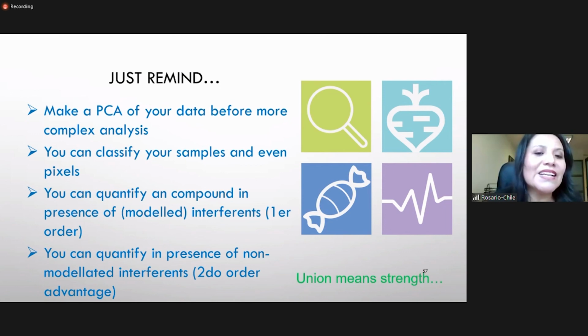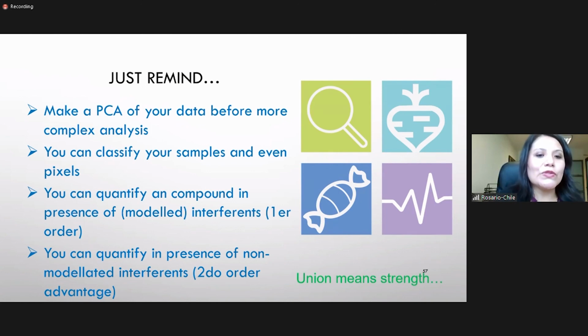Then you can also classify your samples, and even classify your pixels. If you use spectroscopy with imaging, you can classify the pixel and say, okay, this pixel and this sample belong to the class, I don't know, interferent or principal or active ingredient. You can do it with pattern recognition methods.